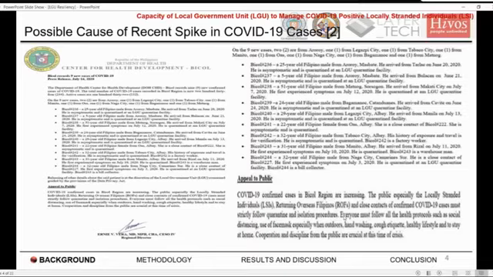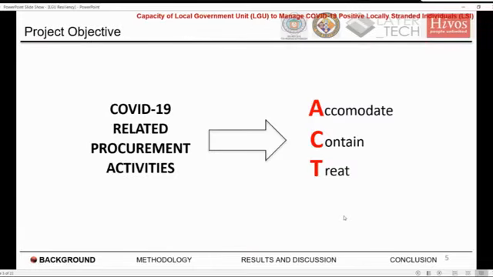With this in mind, we really wanted to investigate whether the LGUs can accommodate, contain, and treat these possible COVID-19 locally stranded individuals, based on the COVID-19 related procurement activities of each LGU identified in Region 5.